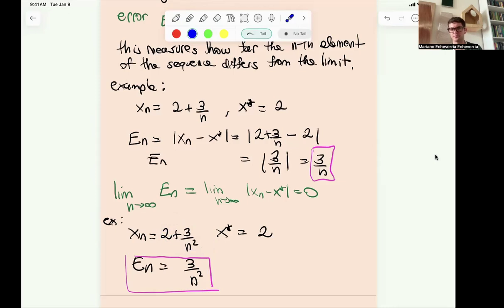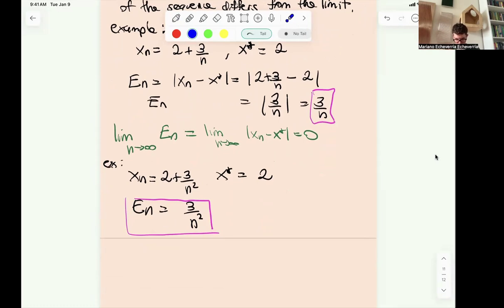So even though it's true that in all these sequences the error goes to zero, sometimes, depending on the approximation scheme that you use, the error could go to zero faster than on other occasions. That's the idea. Is that making sense?